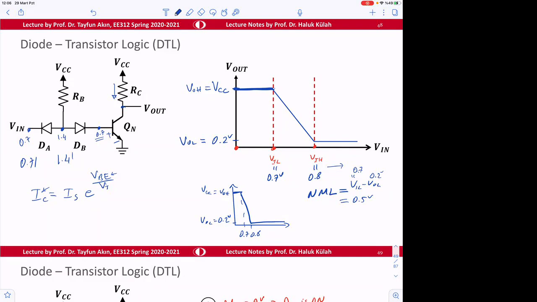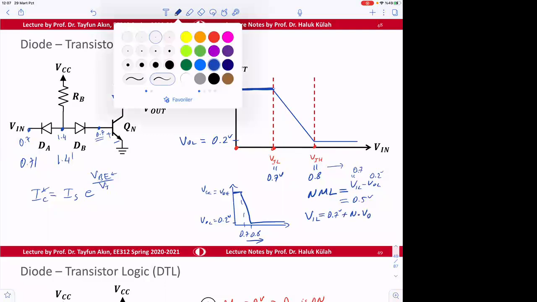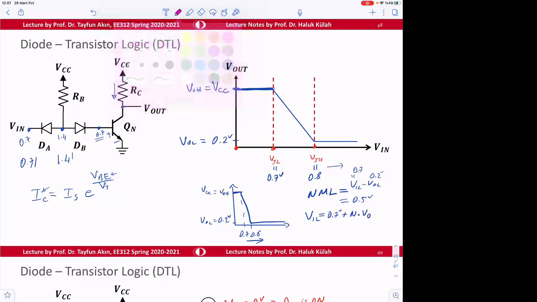How can we improve this? By shifting this there, right? So V input low can be, I mean, here it's 0.7 plus, if we put N times V diode, maybe I should draw this with a different color here.